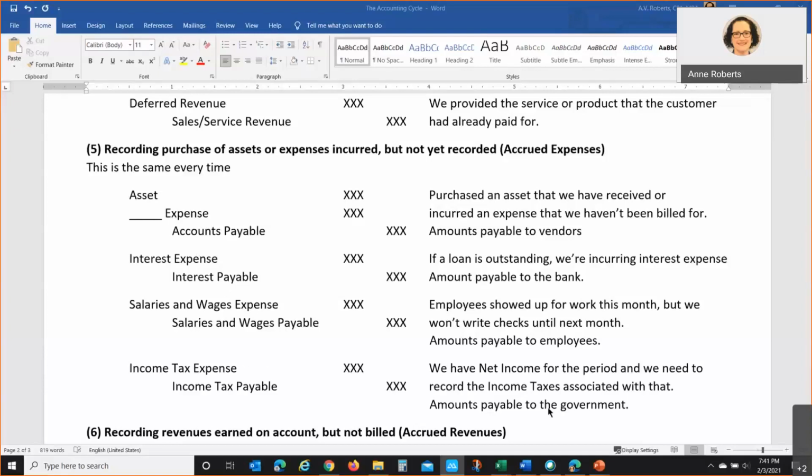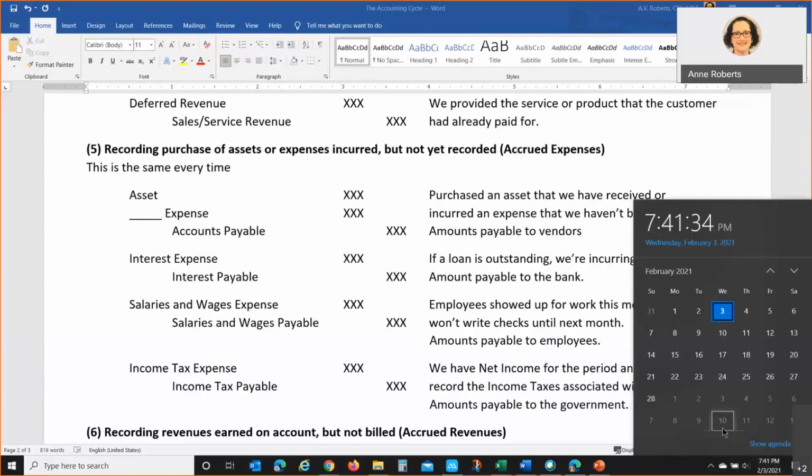Salaries and wages are calendar. Think about how this works. Most people's pay week runs from a Sunday to a Saturday, and then you get paid the following Friday. So if we're sitting here at the end of February, and think of this from the business's perspective, everybody has showed up the 21st through the 27th, but we're not going to pay them until the 5th.